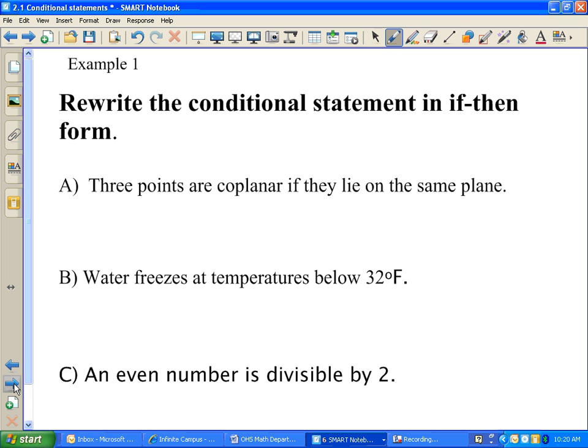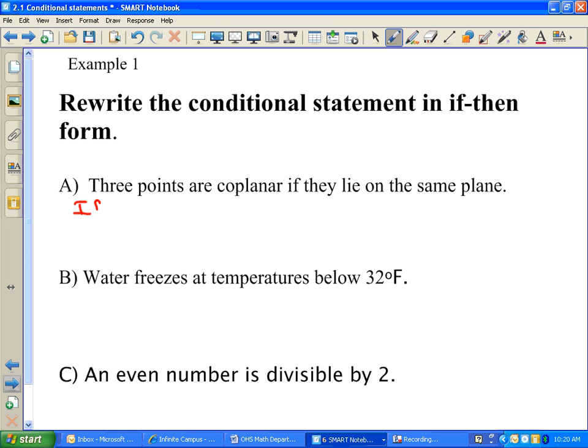Okay, rewrite the conditional statement in if-then form. Guys, rewrite it in if-then form. Start off with this one, read it. Three points are coplanar if they lie in the same plane. That's a statement. What do you think would be the hypothesis? If they lie on the same plane. Good. They lie on the same plane is your hypothesis, even though it's at the end of your statement.